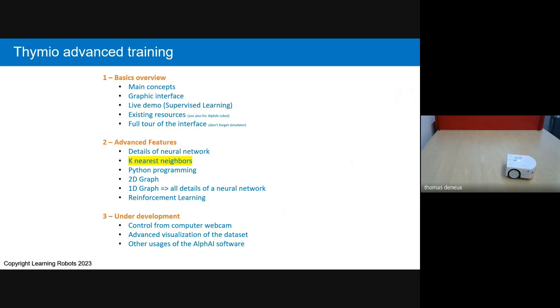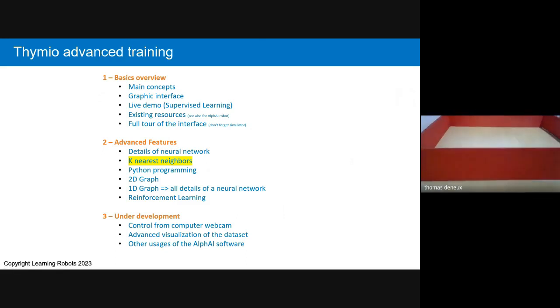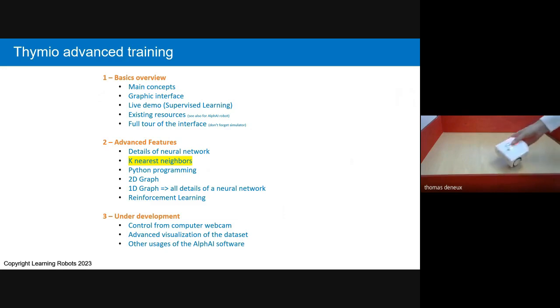It is doing what we expect somehow. So I will use it inside the arena. We will train Thymio to go straight in the arena, but when it sees a wall, to turn in the opposite direction.